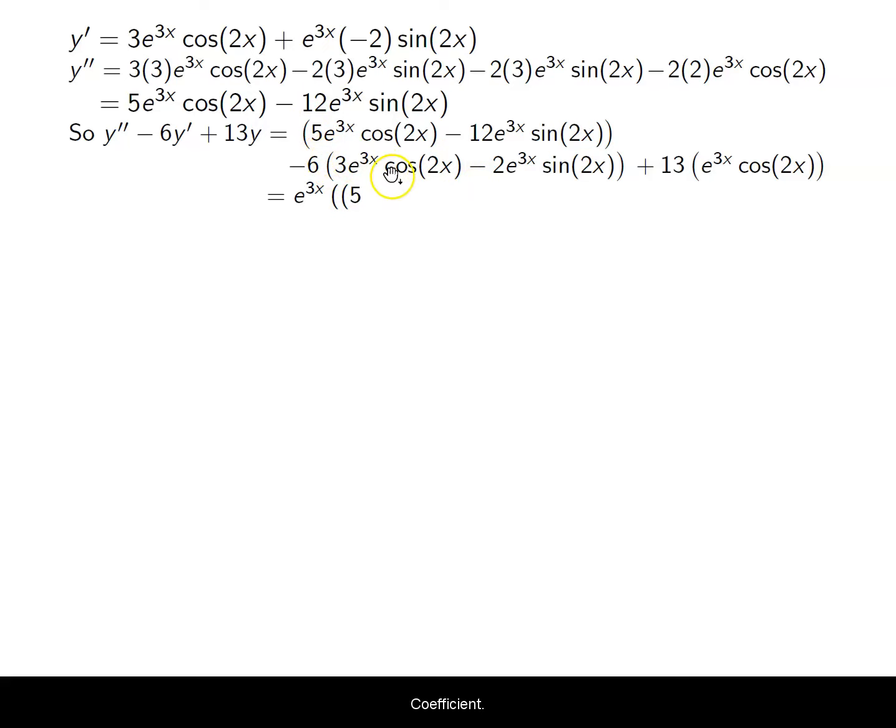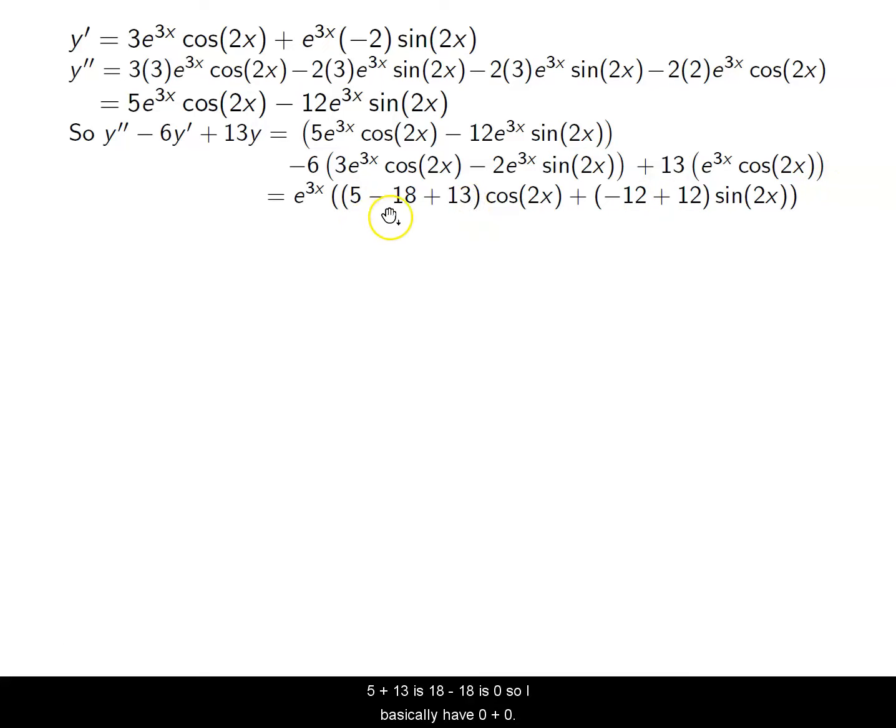Taking the cosines first, I have 5 here, negative 18 here, and 13 here. For the sines, I'll have negative 12, a positive 12, and none here. So this is 0. 5 and 13 is 18, minus 18 is 0. So I basically have 0 plus 0, which is 0.